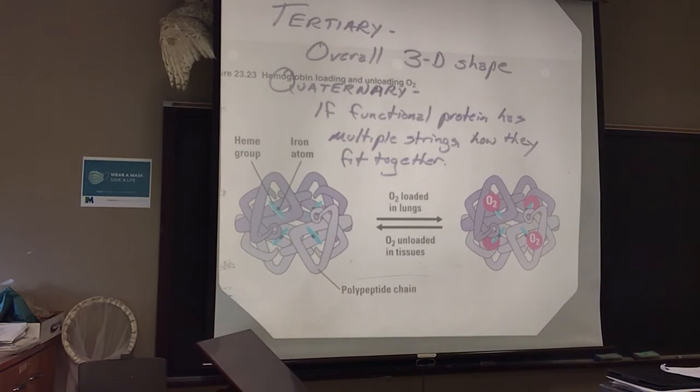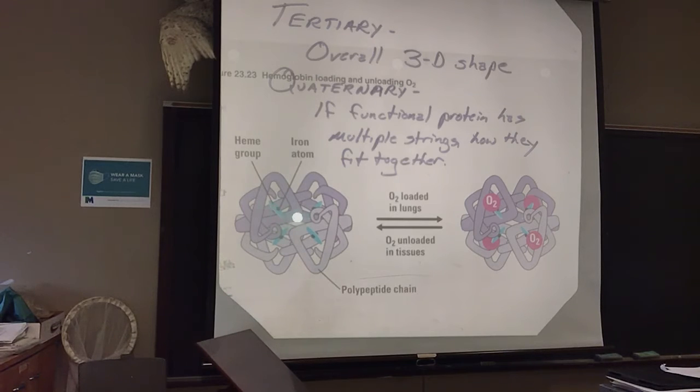Hemoglobin actually has, on top of the protein structure, a little iron-containing group that has to fit into a notch in here. The quaternary structure for hemoglobin is two alphas and two betas. So there are 4 different units that fit together, but this whole thing is hemoglobin. Here it is with oxygen attached to it, here it is without oxygen attached to it.